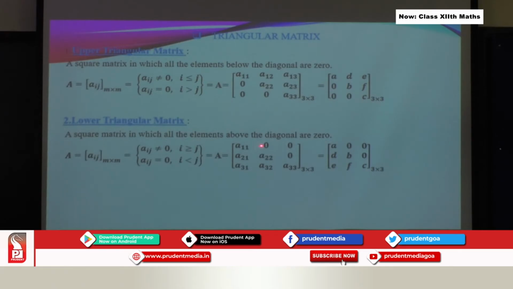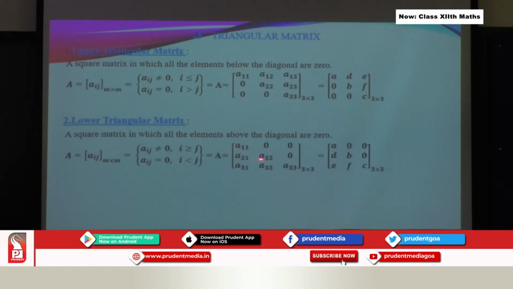So here see, above your diagonal all the entries are 0, and the diagonal and below this diagonal all the entries are non-zero. If you look at this here, you can see Aij is not equal to 0 when i is greater than equal to j, and Aij is equal to 0 when i is less than j.